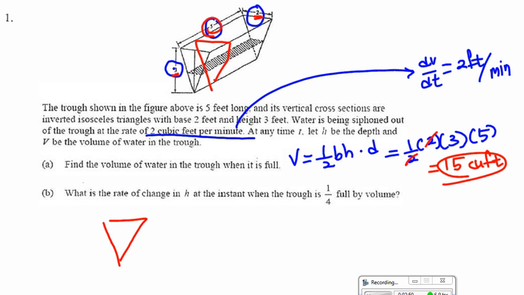Here we have this ratio, which will in fact become something like this.